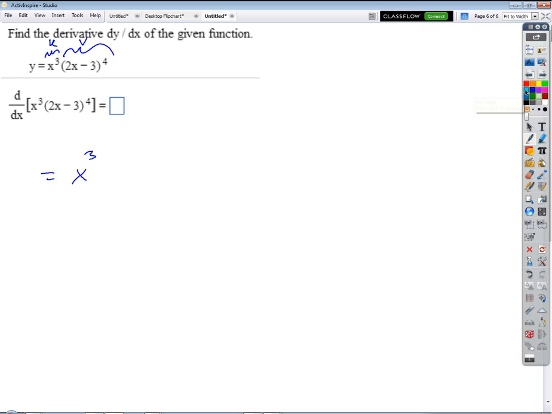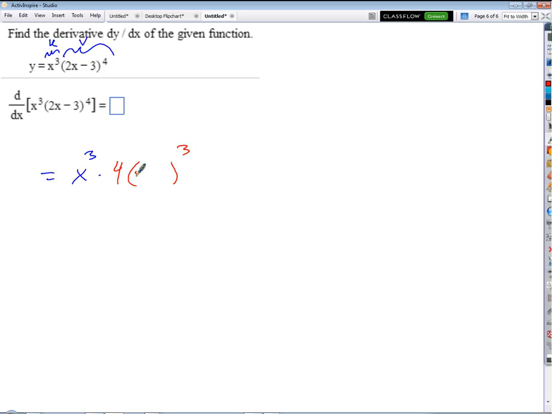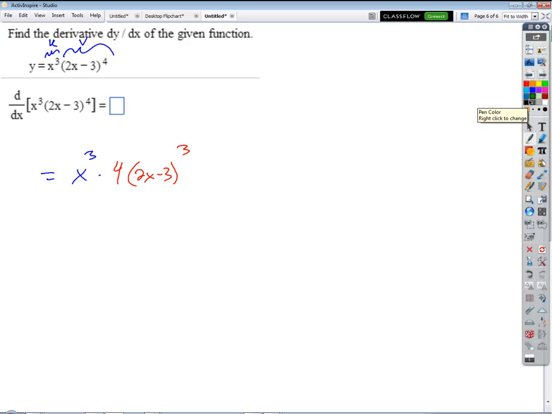Because V is a power of a polynomial, right? So at the outermost level, if I have to differentiate V, what's the first layer of the chain rule? Okay, good, I've got 4 times the quantity cubed, and the quantity is 2x minus 3. What's the second layer of the chain rule? Derivative of 2x minus 3 is? 2.